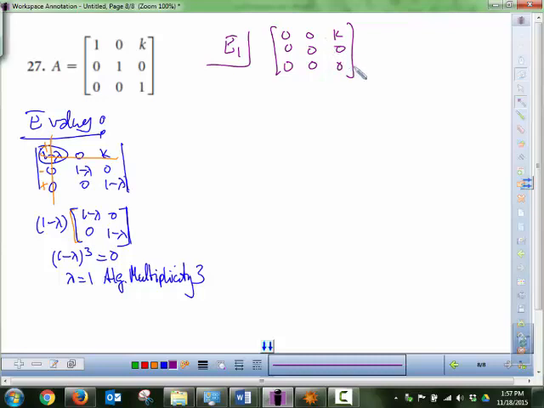So I can assign, if k is not equal to 0, my z, I guess that's my third variable, z is equal to 0, and then x and y are free variables.